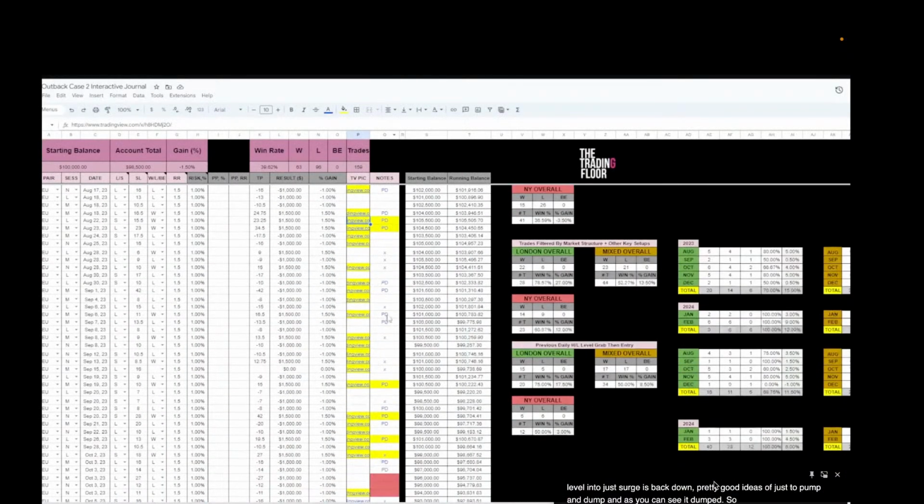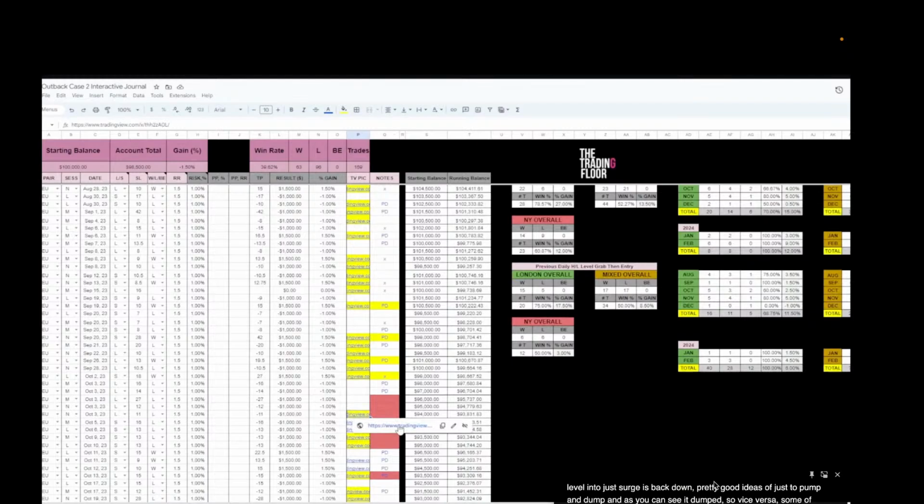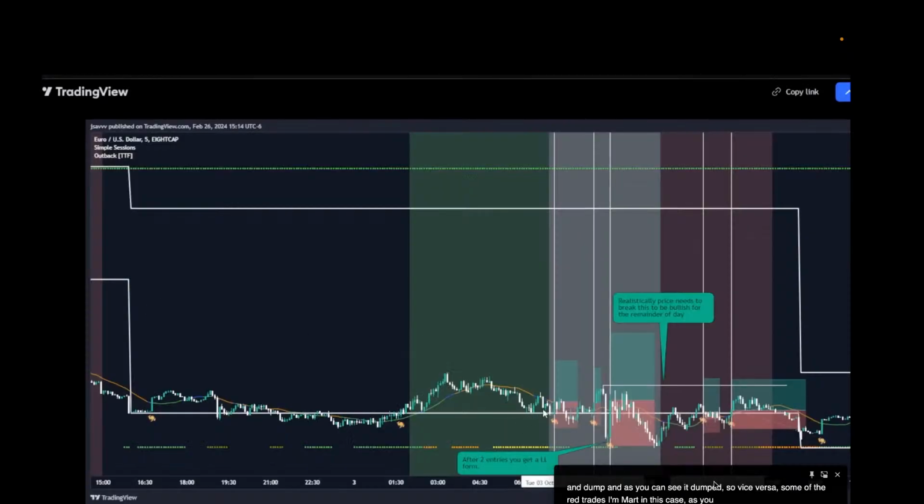And vice versa, some of the red trades I marked. In this case, as you can see, you did grab the low, and so we are bullish here. But realistically, we are forming lower lows and lower highs. In this case, this was the last lower high, higher low to this higher high, and then ultimately after two entries you get a lower low formed.